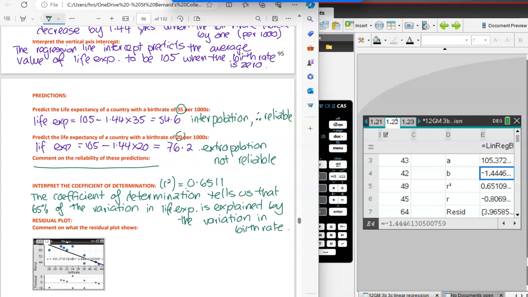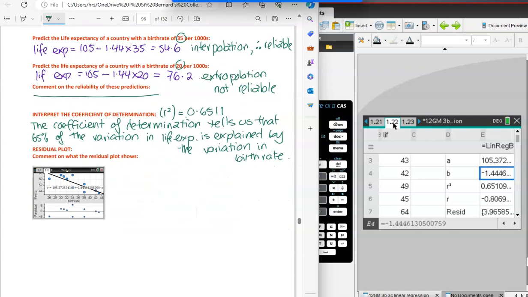Okay, so you must have that exact wording. It must have variation in life expectancy is explained by the variation in birth rate. If you're missing some of the words, you're not right.